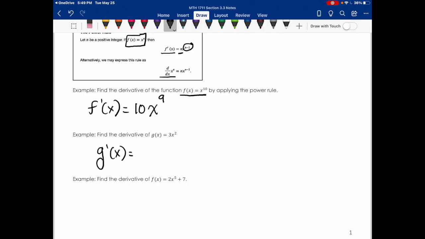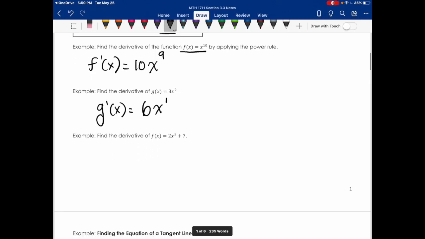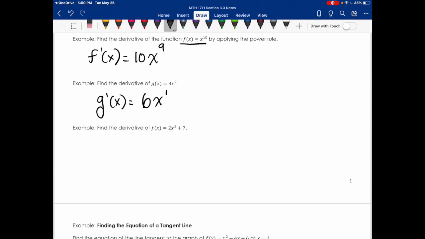The next example, if I wanted to find the derivative of g, so g prime would be, I would take the 2 down in front. Now if there's something already in front, you just multiply it. So I would take the 2 times the 3, that would give me a 6. And then I have x to the 1st because I decrease my exponent by 1.